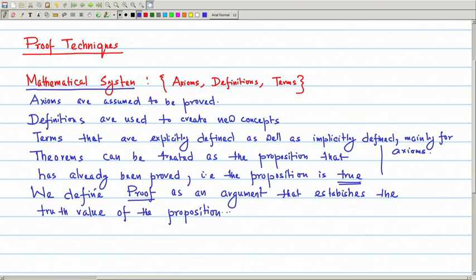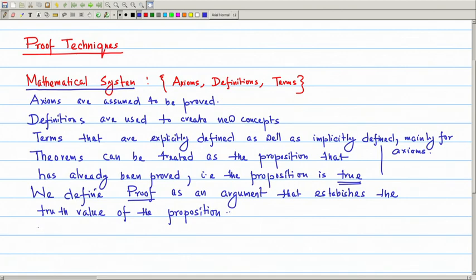Now, this argument can be presented in different ways, and these different ways of establishing, the different ways of arguments, are called the different proof techniques.